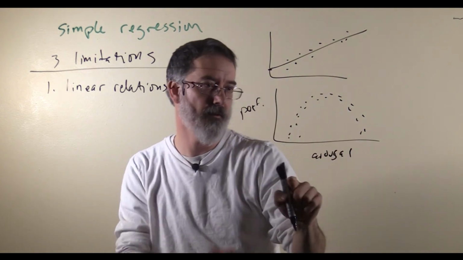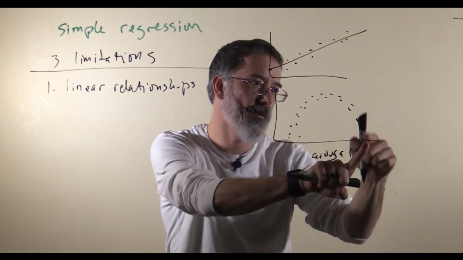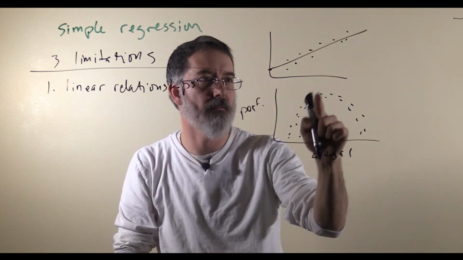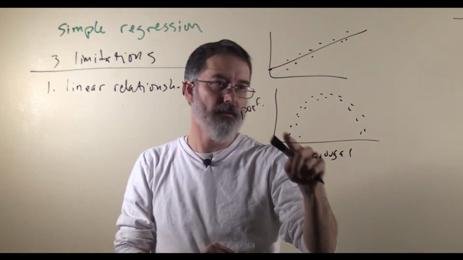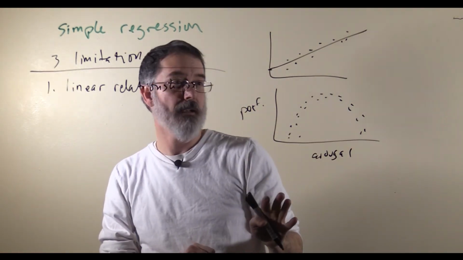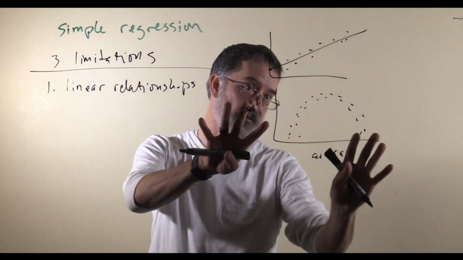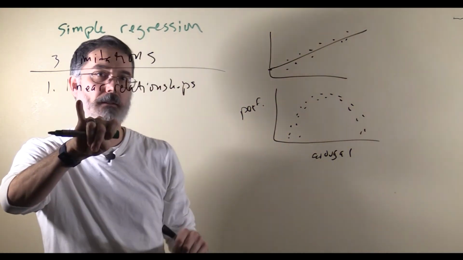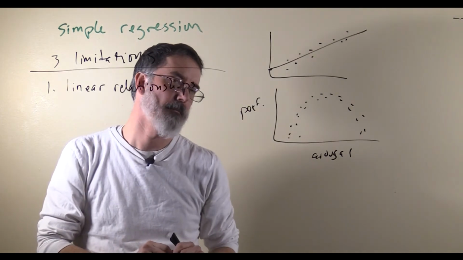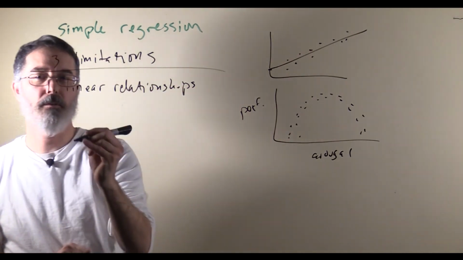For example, right here, people that are under-aroused don't perform well, over-aroused don't perform well, but there's an optimal level of arousal. So the basic version of regression can't handle this, although there's more advanced techniques where you can transform these variables before you do the regression, and you can detect nonlinear relationships with that, but not for the version that we've talked about here.